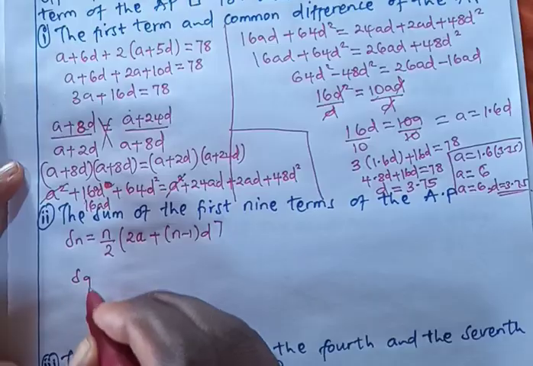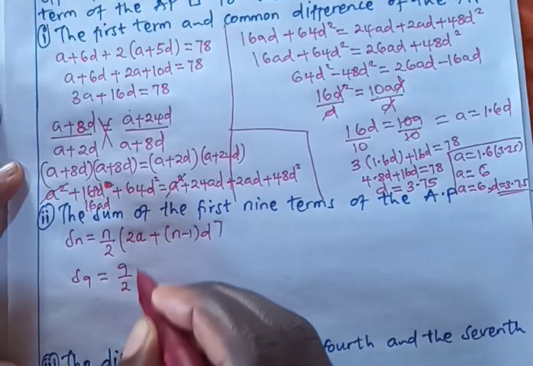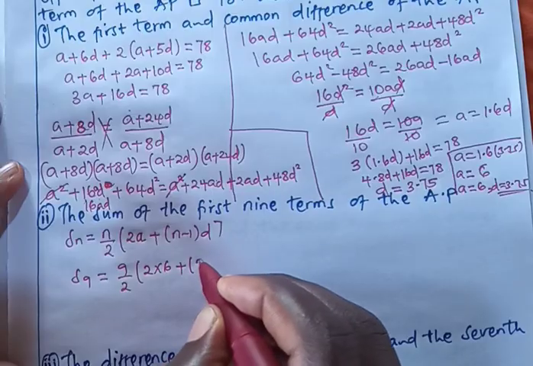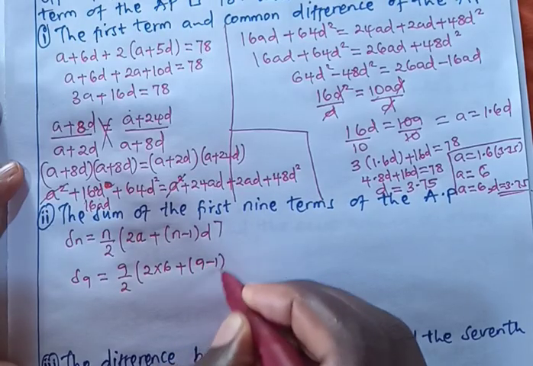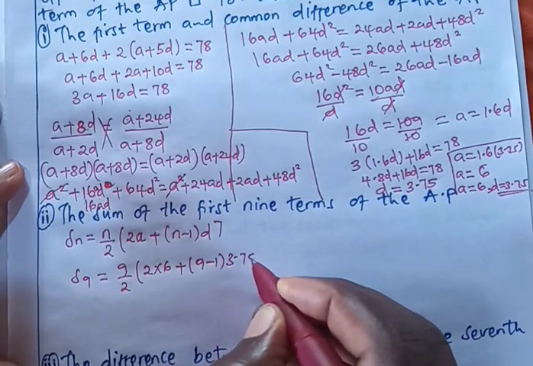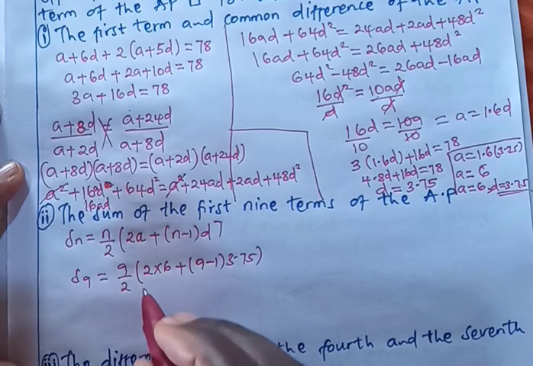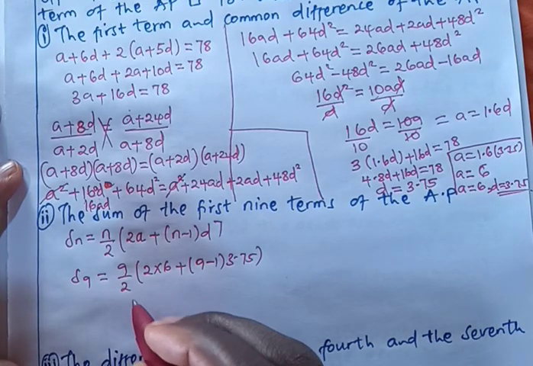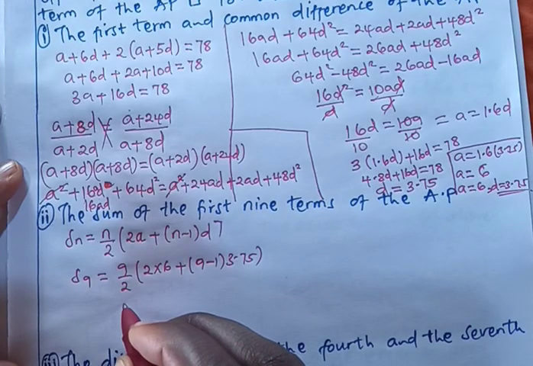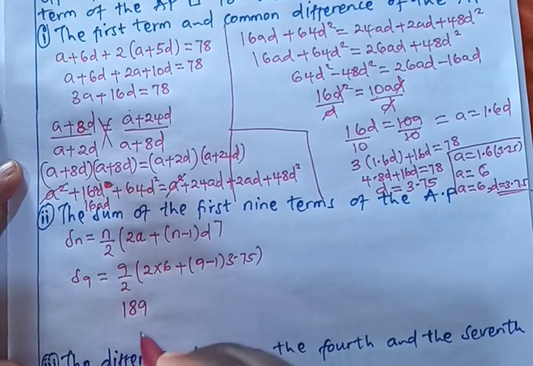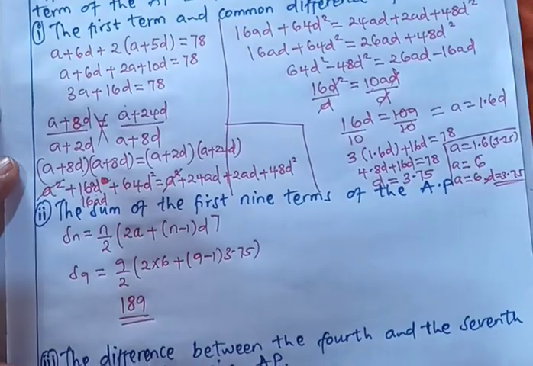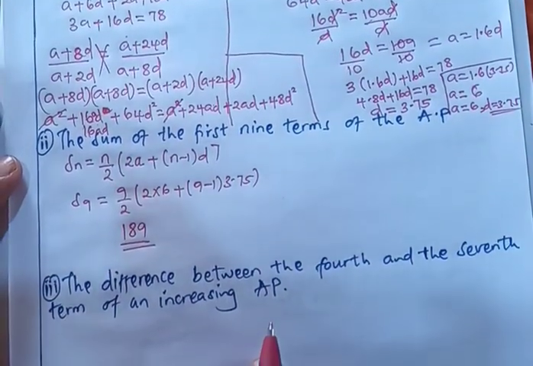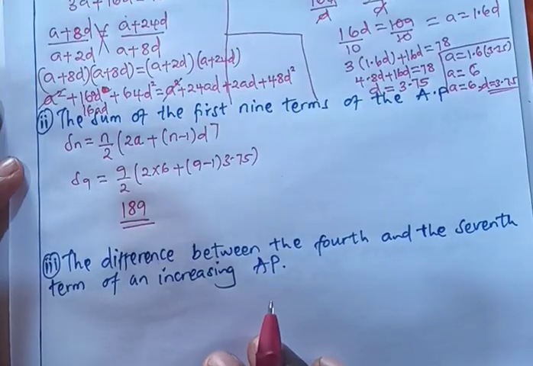The sum of 9 terms is going to be 9 over 2, multiplied by 2 times 6, plus 9 minus 1, multiplied by 3.75. If we put these in our calculators, we are going to get 189. So 189 is the sum of the first 9 terms of the arithmetic progression.